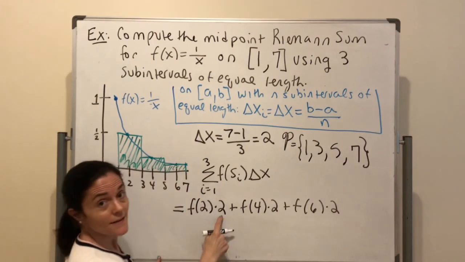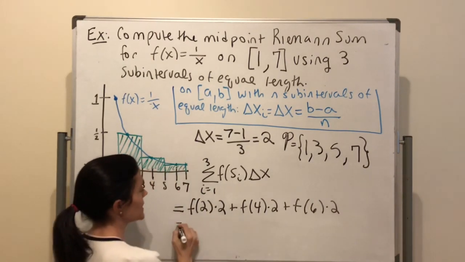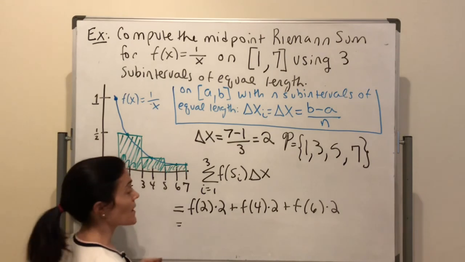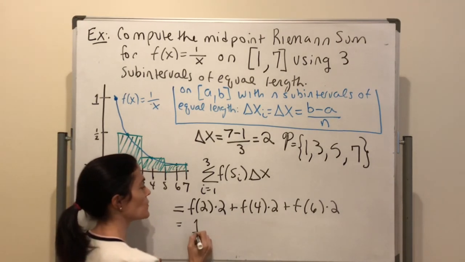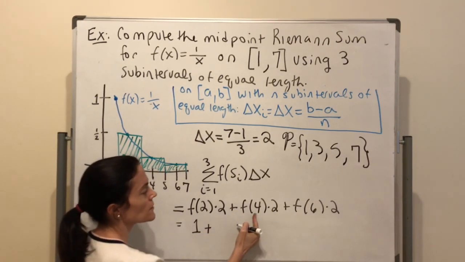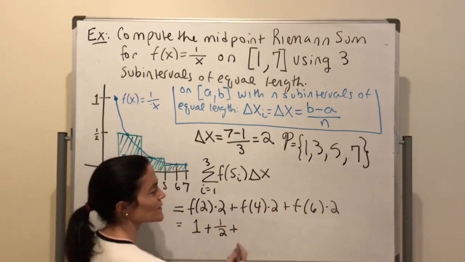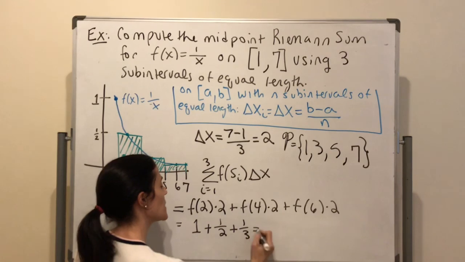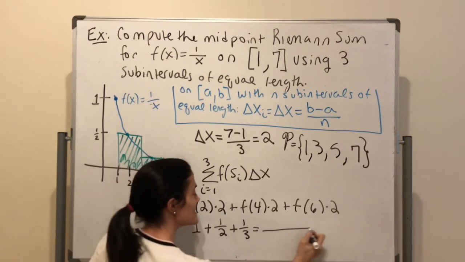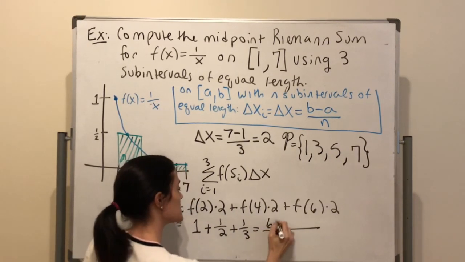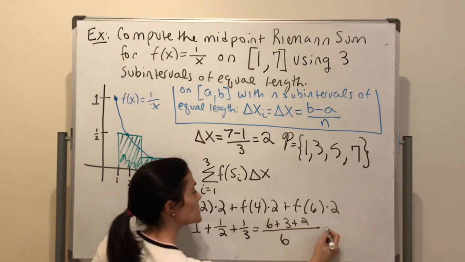Right, this is the delta x. We've already calculated it. And the function is 1 over x. So this is 2 over 2, or 1. This is 2 over 4, or 1/2. This is 2 over 6, or 1/3. And here, maybe I should have left 6 in my denominator because I have 6 plus 3 plus 2.